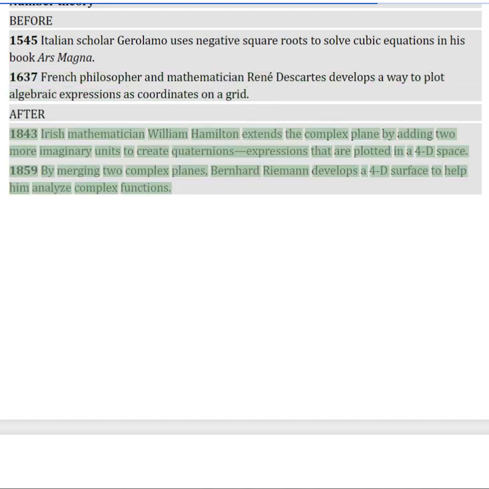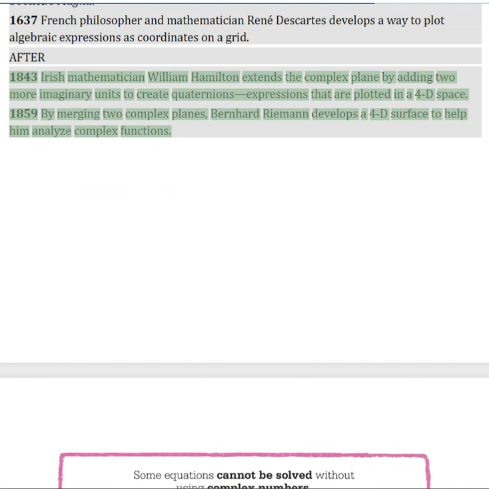After 1843: Irish mathematician William Hamilton extends the complex plane by adding two more imaginary units to create quaternions, expressions that are plotted in a 4D space. 1859: By merging two complex planes, Bernhard Riemann develops a 4D surface to help him analyze complex functions.